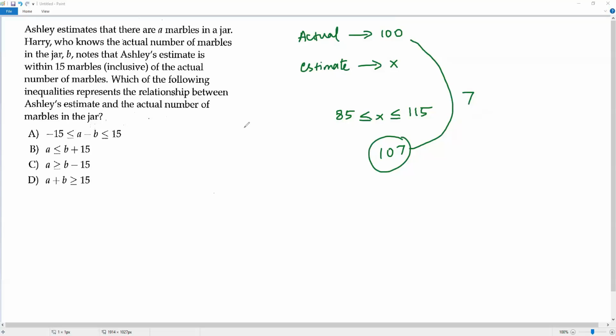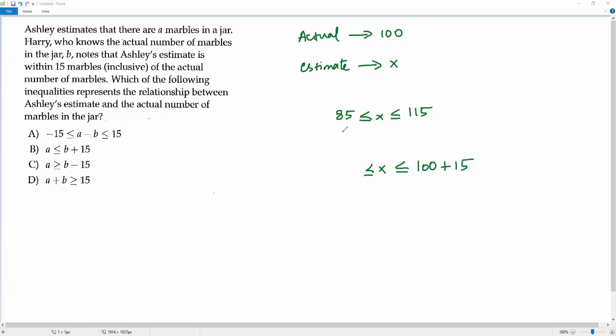So if the actual number of marbles is 100 and the estimation has to be within 15 marbles, to know the maximum value of my estimation, I have to add 15 to the actual number of marbles.